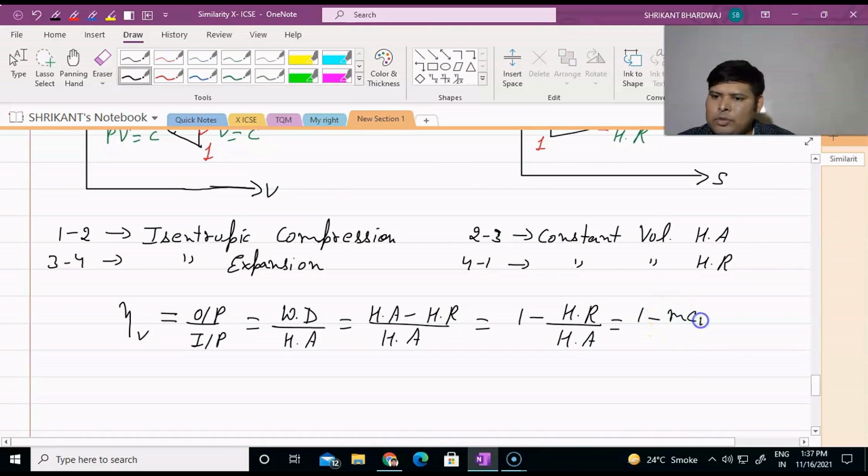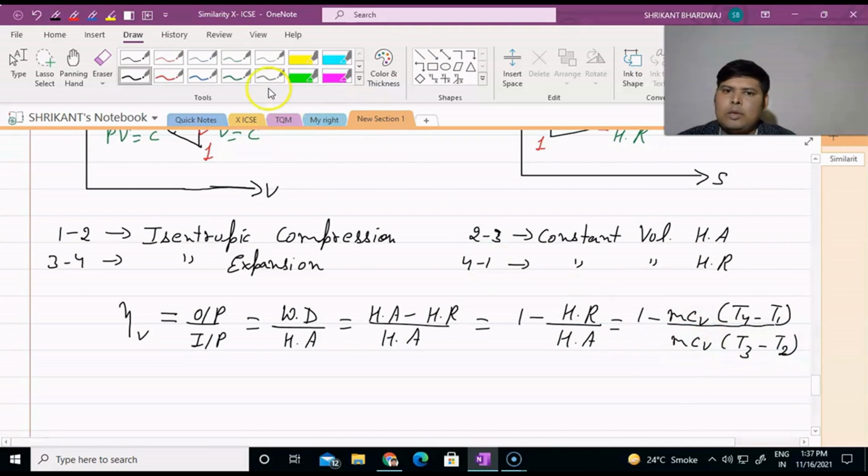So m Cv, heat rejection is from T4 minus T1 upon m Cv, heat addition, T3 minus T2. Here m Cv and m Cv get cancelled out.